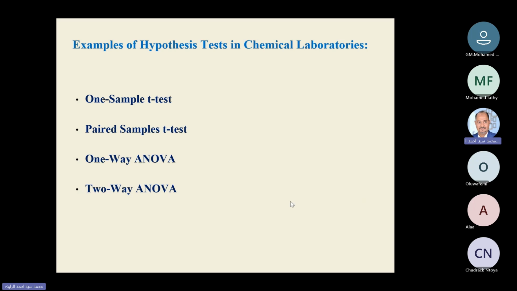The one-way ANOVA test is used when we compare more than two groups of one factor. And the two-way ANOVA test we use to compare two factors, as when we determine turbidity at different times and different locations. For example, for water, we use the two-way ANOVA test.